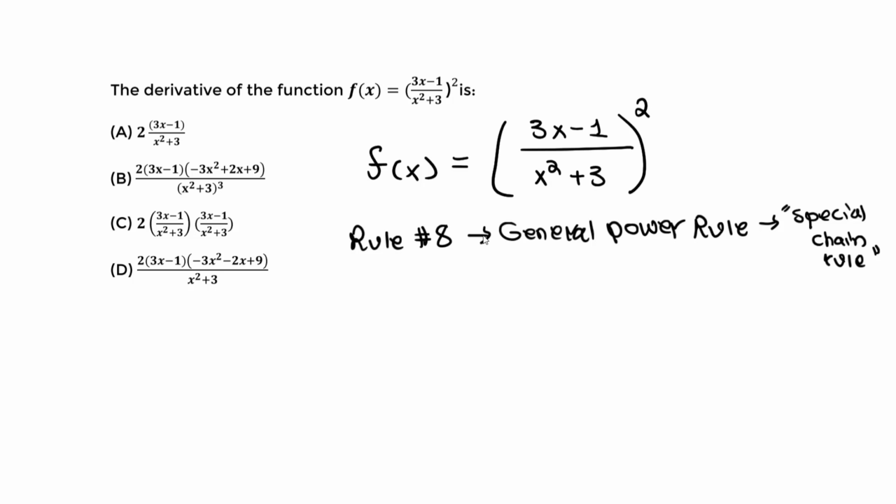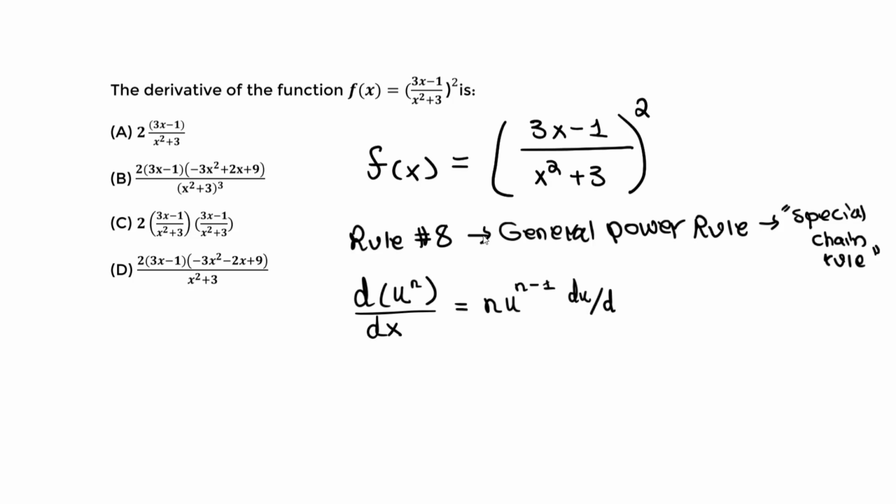Rule number 8, as it's given, is d of u raised to the power of n, divided by dx. The derivative with respect to x is going to equal n times u, where u is always a function, to the n minus 1, times du/dx.